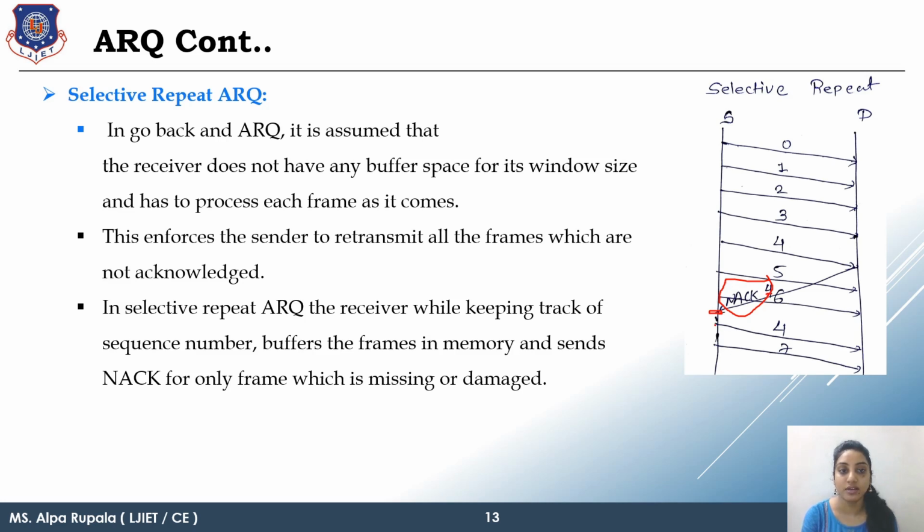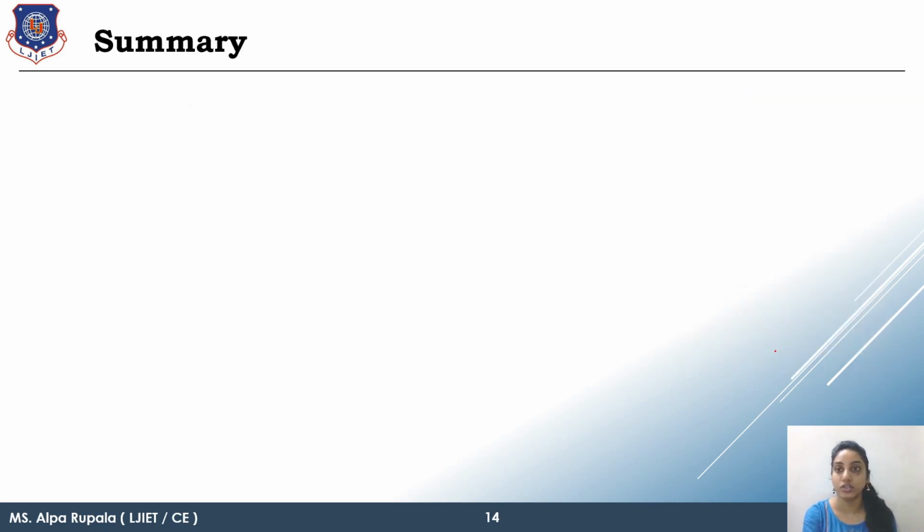It will send only PDU number 4 again. Retransmission is for only PDU 4. Then it will continue with the previous sequence. We had left off at 6, so after retransmitting 4, it will continue with 7. So this was all about ARQ.